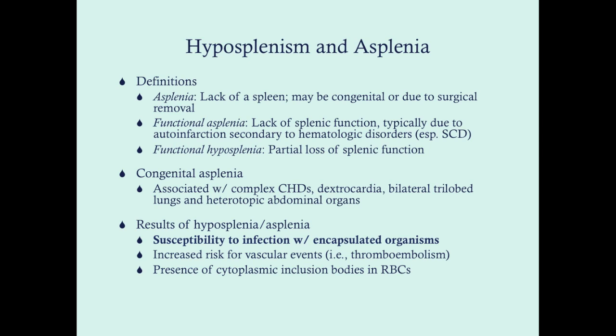We call them complex when they're more anatomically unusual. Dextrocardia, bilateral trilobed lungs, and heterotopic abdominal organs. This all fits within a syndrome known as Ivemark syndrome, which you've probably never heard of, but it's on the spectrum of the diseases known as heterotaxies.